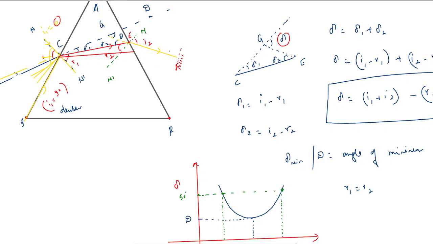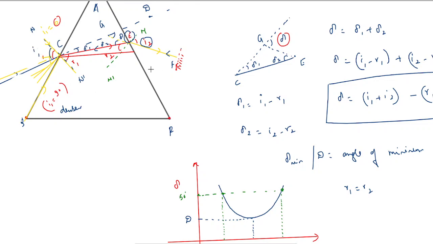So in this case, this is point F. This FE becomes the incident ray. In that case, I2 becomes the angle of incidence, and light refracts along EC, and light comes out along BC. So I2 becomes the angle of incidence, and I1 becomes the angle of emergence.